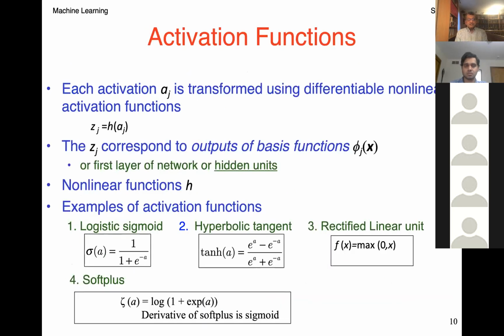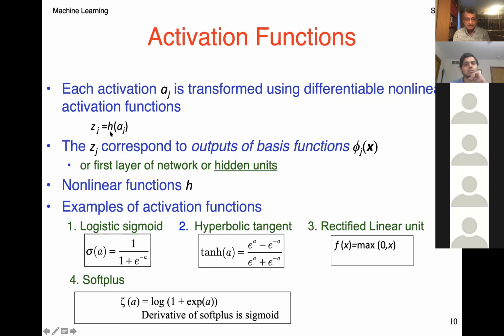So what kind of activation functions can we choose? Each activation a_j is transformed using a differentiable nonlinear activation function. So z_j corresponds to the outputs of the basis functions.